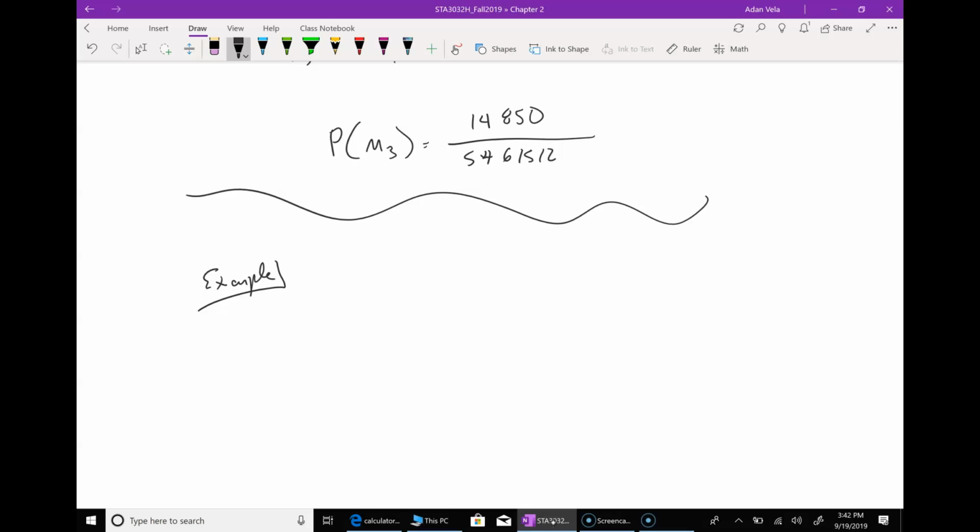So let's say we have some baseball team. There's 15 players, 9 of which are going to be on the starting lineup.